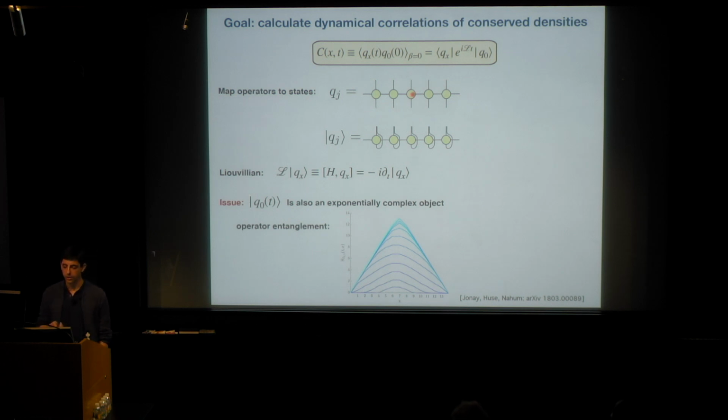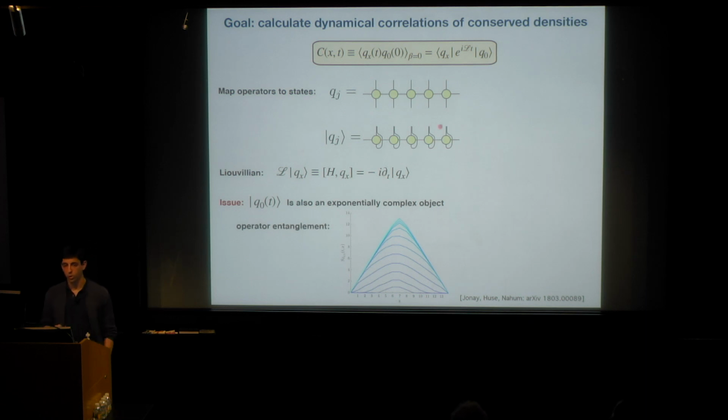And in that case, I can rewrite this as a kind of Green's function or a probability amplitude between starting from some initial operator localized at some site 0, evolving it in time, and we're looking at the amplitude that it ends up as an operator at location x, where this q of x is the local density of some conserved quantity.